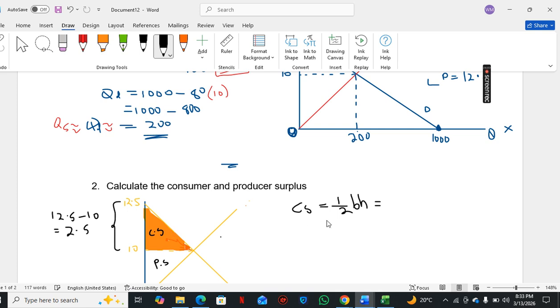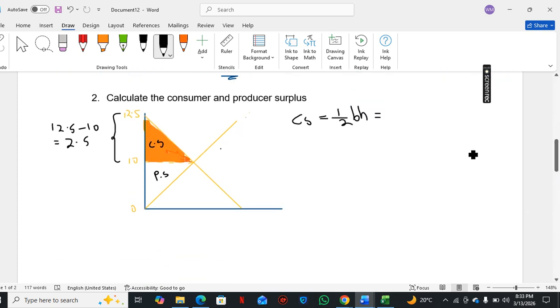Then the breadth or the length is this bottom one here, from here to here. I hope we're seeing where I'm indicating. So equilibrium quantity was 200 here. So the breadth is from 0 to 200.